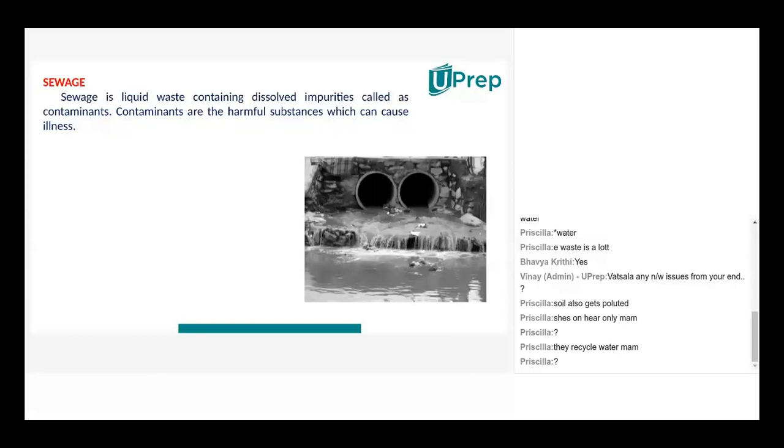Unmana, can you tell me what all sewage contains? Sewage contains dirty water, the waste from the houses, animal dead bodies, and not only from homes, in public places the garbage is also thrown, so that's sewage.